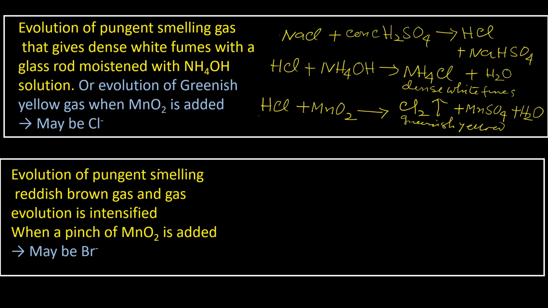Now, in a similar way, if you get the evolution of pungent smelling reddish brown gas, and the gas evolution is intensified when a pinch of manganese dioxide is added, then it may be bromide. Similar thing. Here you are taking the bromide salt, bromide plus concentrated sulfuric acid.